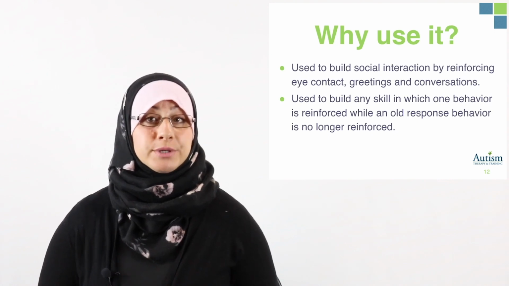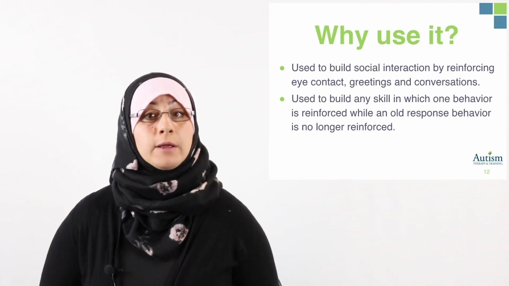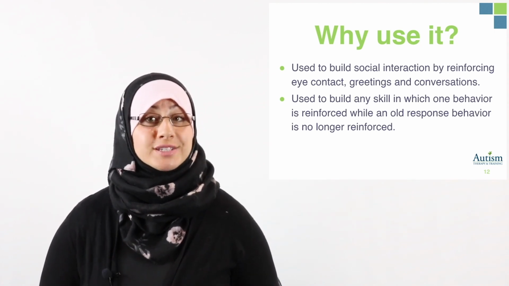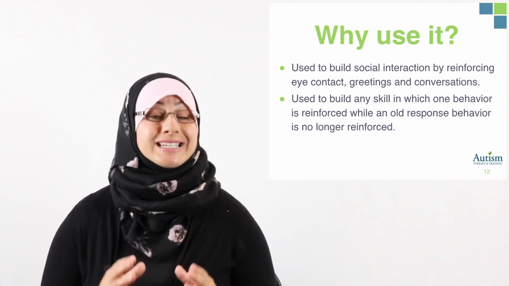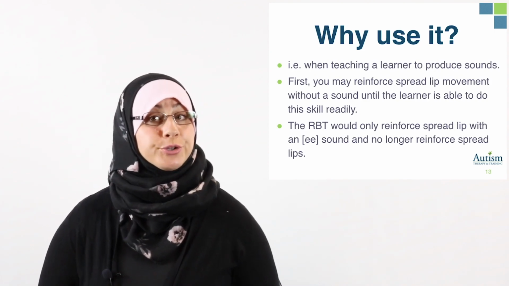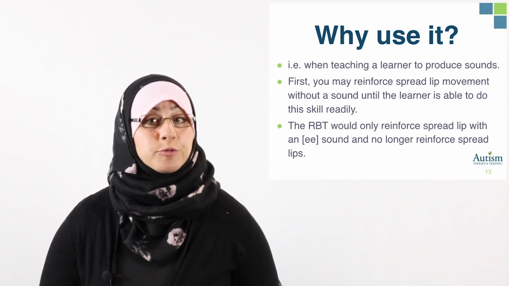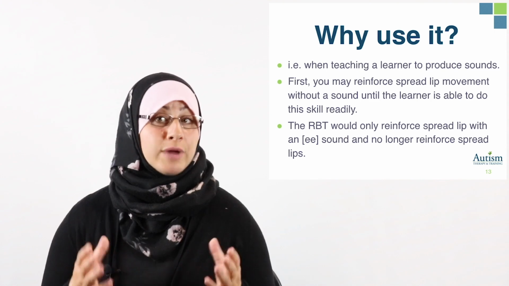Shaping can be used to build any skill in which one behavior is reinforced while an old response behavior is no longer reinforced. So you're reinforcing one and putting the other on extinction. For example, when teaching a learner to produce sounds, first you may reinforce the spread lip movement without a sound until the learner is able to do the skill readily.